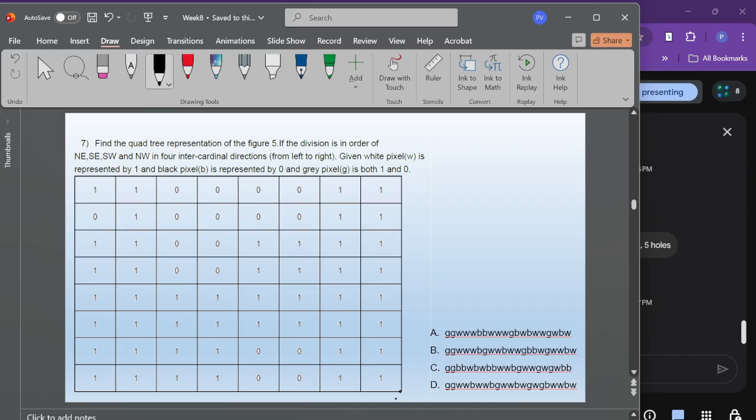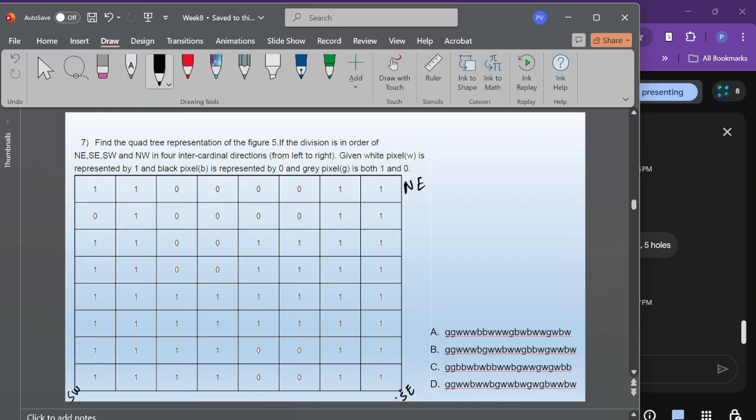So if you go through the directions, you will find that here we are taking this part as the northeast direction, this one as the SE, southeast direction, this one as the southwest direction, and this one as the NW.